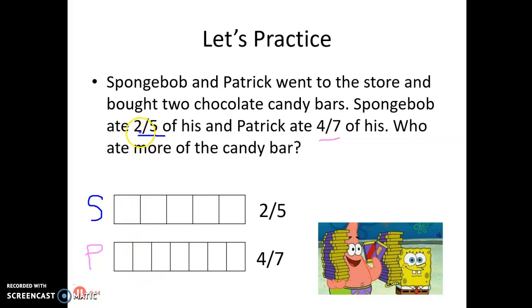Now we have to see how many pieces they both ate. SpongeBob ate 2 out of the 5 pieces. So let's count 2 pieces. 1, 2. Let's color those in. So that's how much SpongeBob ate of his chocolate bar. Now Patrick ate 4 out of 7 pieces of his chocolate bar. So we have to count 4 pieces. 1, 2, 3, 4.